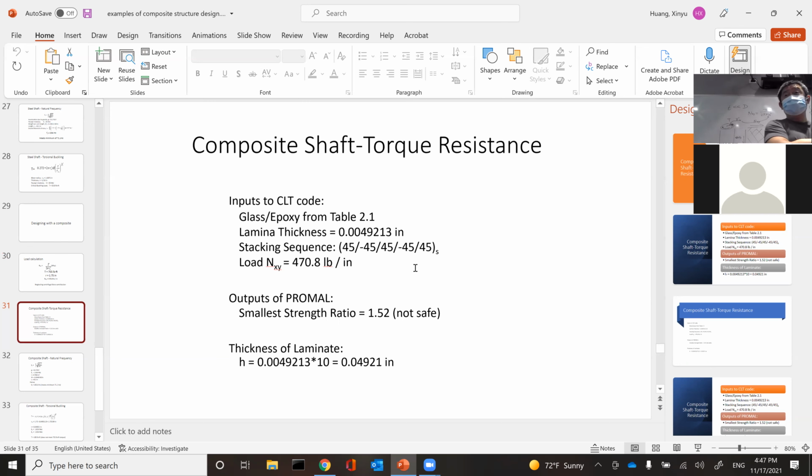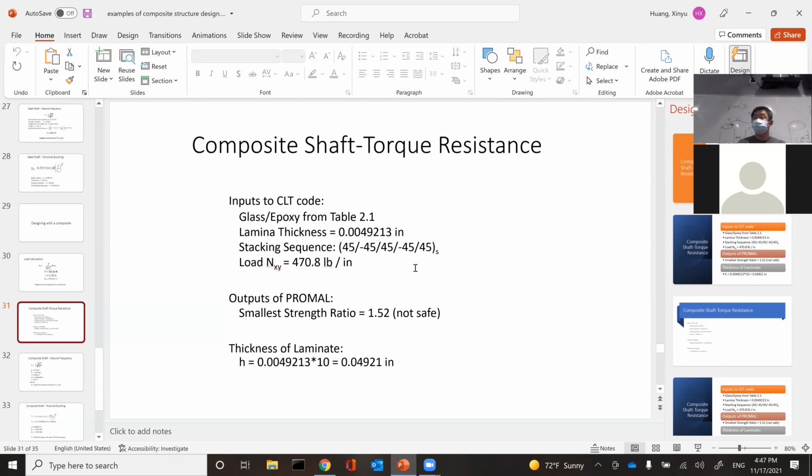Now this actually violates some of the rules. What are the rules that are violated? It violated the 10% rule. Remember, in the torsion case, your primary loading direction is plus minus 45. But if you recall the 10% rule, you don't want to totally ignore other directions.